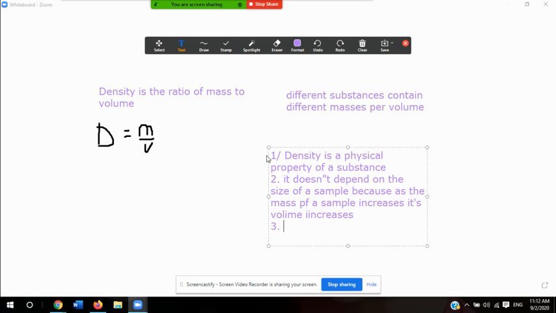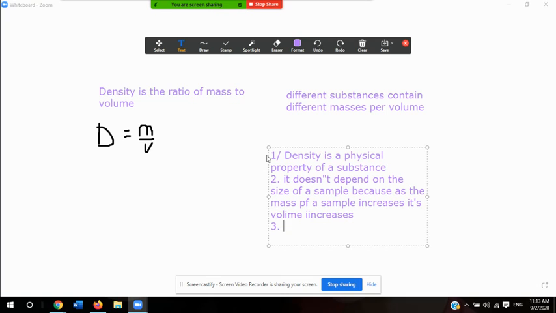It says therefore, its volume increases proportionally. The ratio of the mass to volume is constant. Therefore, density is one property that can help to identify a substance.